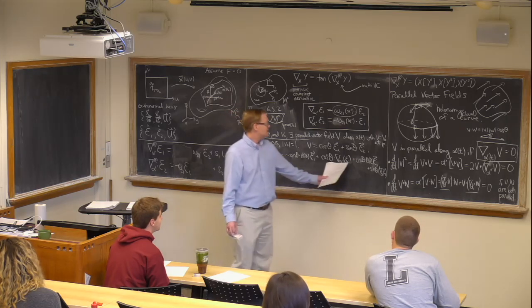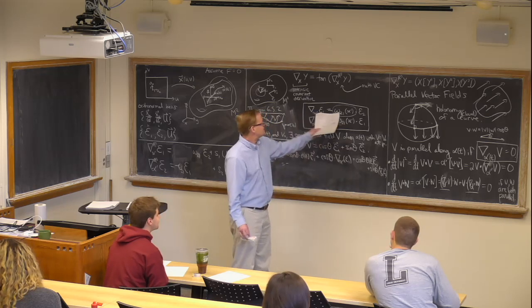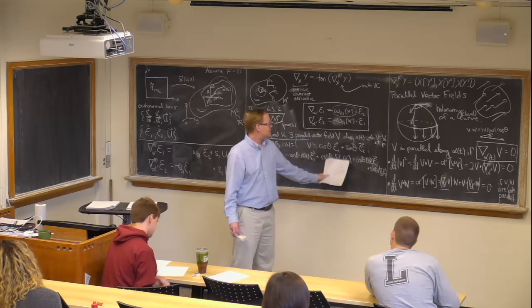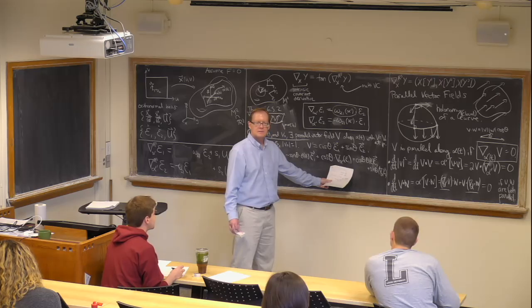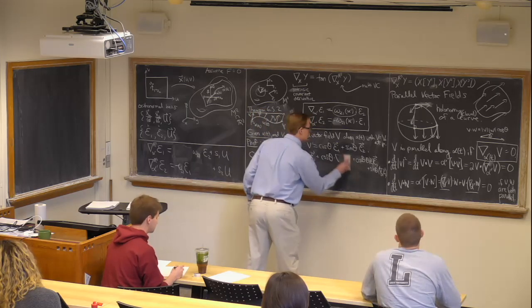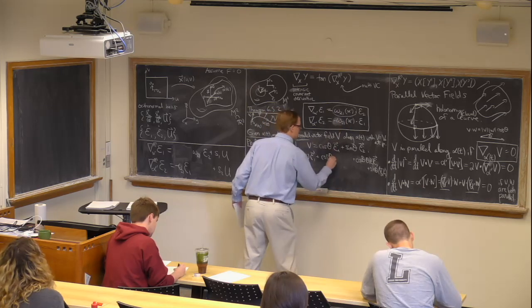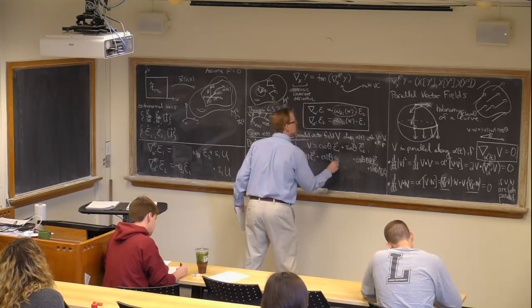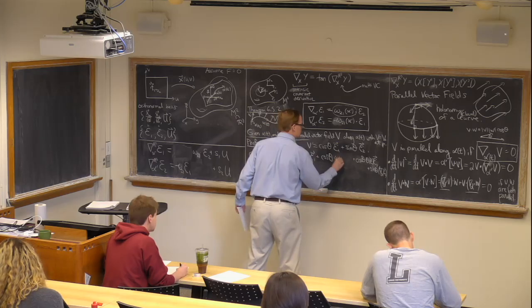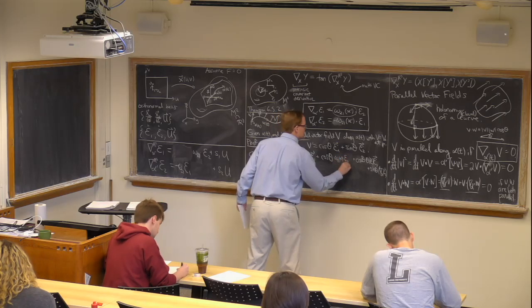It's in the book. This right here is omega 2,1 of alpha prime E2. You all see that? So I'm just going to erase this right here and put in omega 2,1 of alpha prime times E2, okay?